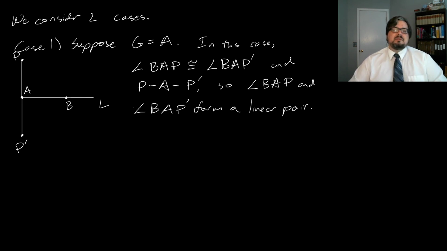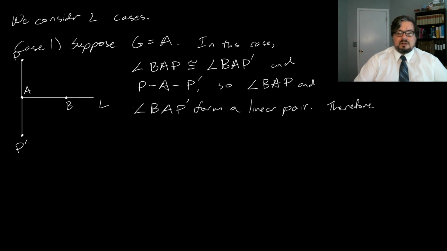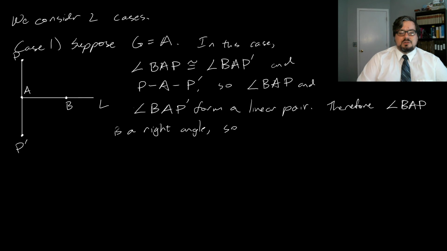But two congruent angles that form a linear pair are precisely right angles. So therefore, the angle BAP is a right angle. So that means that L is perpendicular to L prime. So that handles that fairly quickly.